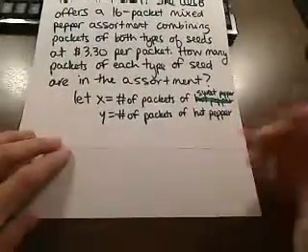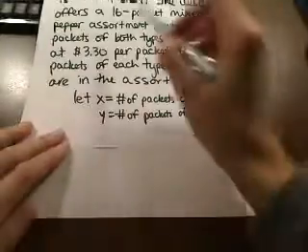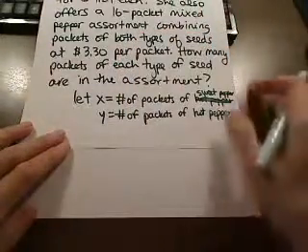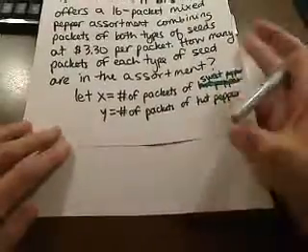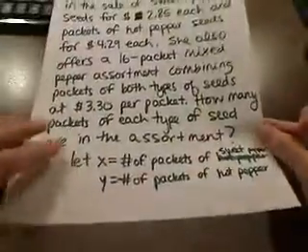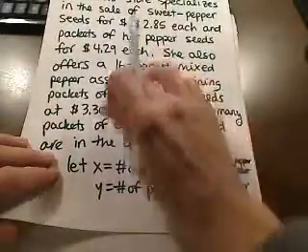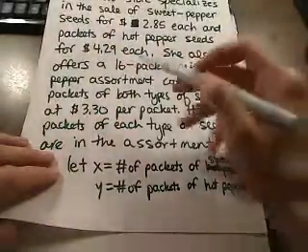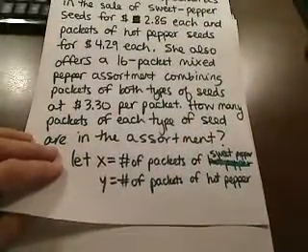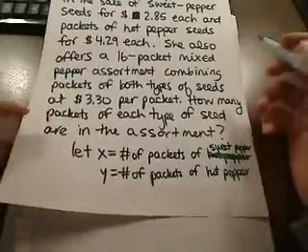Okay, so if that's the case, then we need to actually look at the fact that we have this 16-packet mix. And, well, actually what we need to do now is create a system of equations. But what I'm going to do is look at this 16-packet mix, because with the information that we're given, that's how we're going to figure this system out.